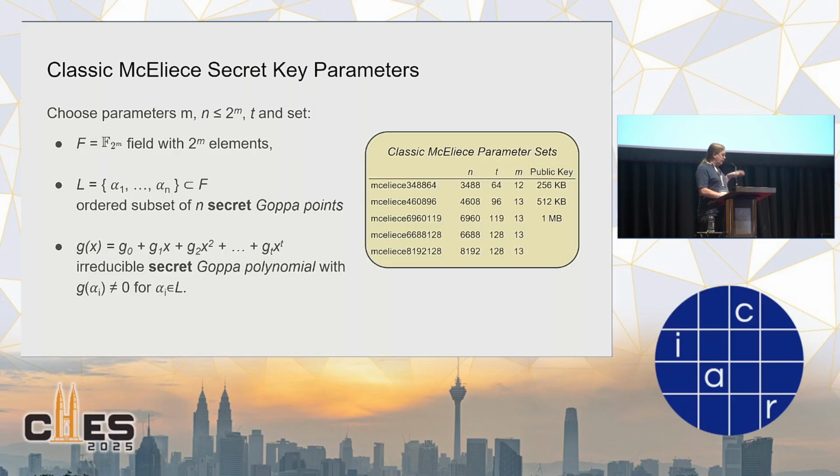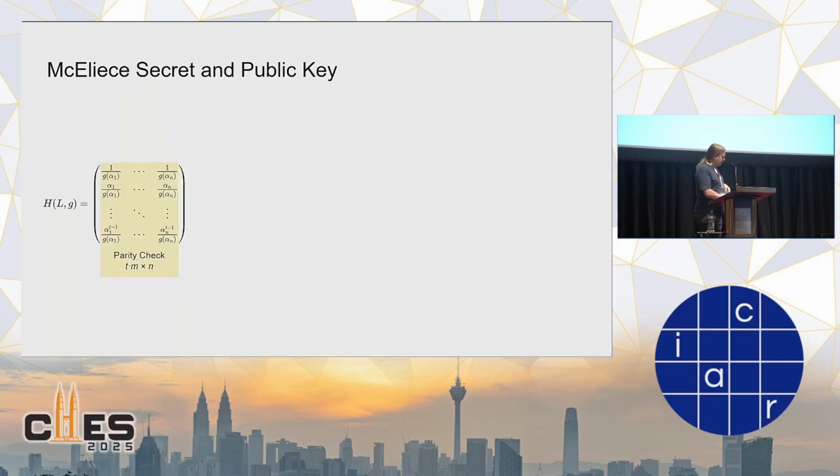When you have chosen all these parameters, then you can define this Goppa code. It's basically each column only depends on one of the chosen points, like alpha 1 in the first column, alpha 2 in the second column, and so on. And each column has a very rigid structure.